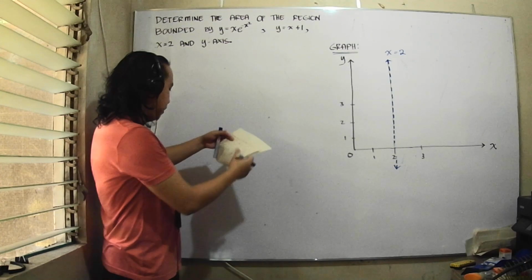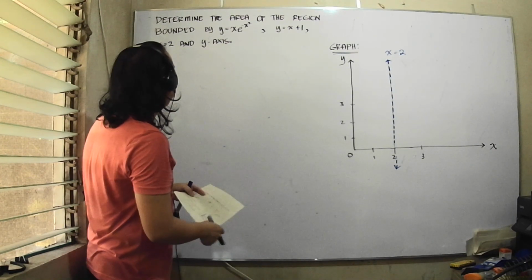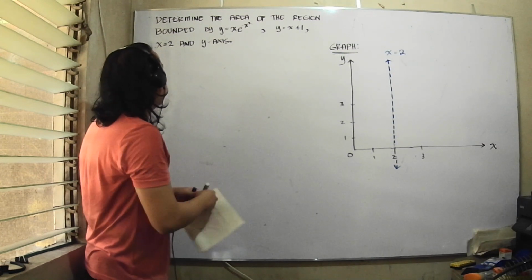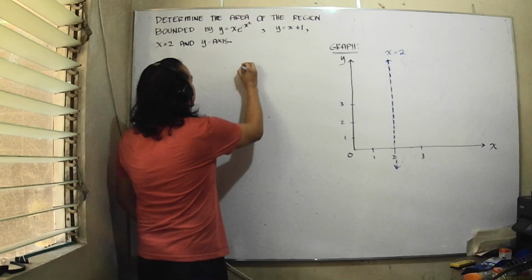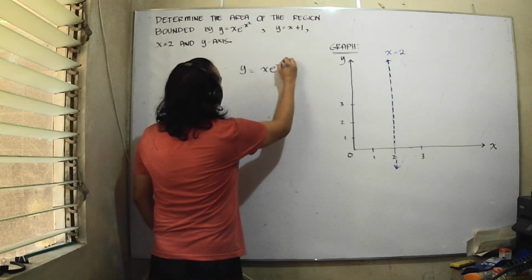Now, let's try to plot y is equal to x e to negative x squared.